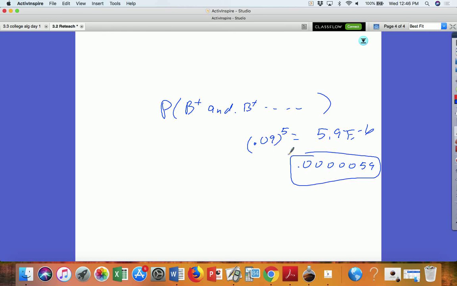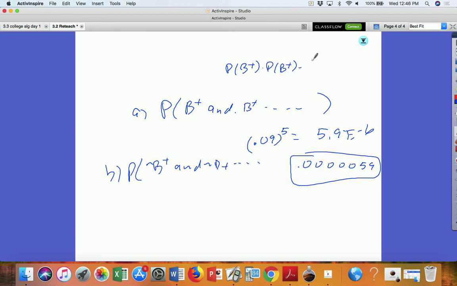Let's do B. Find the probability that none have B positive. None of the 5 have B positive. So what's the first one got to be? Not B positive, and not B positive. Does this make sense that I'm not worried about the dependent part here?